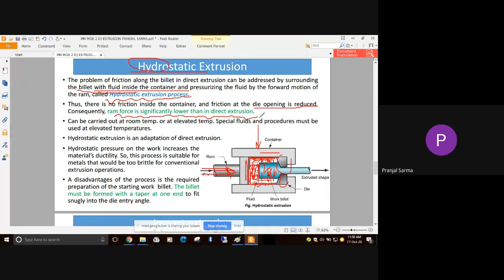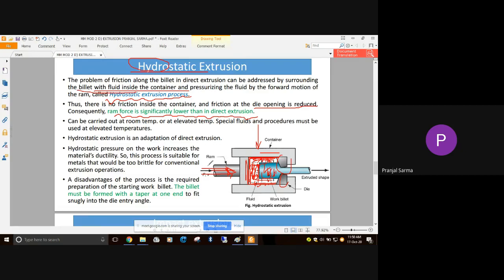You don't have to overcome the frictional force to compress the metal, so with less force we can do the same task.